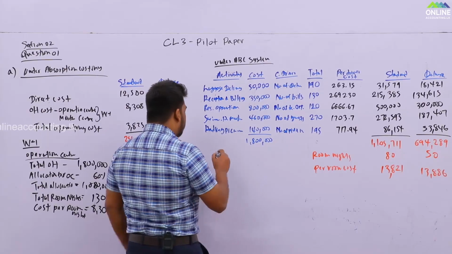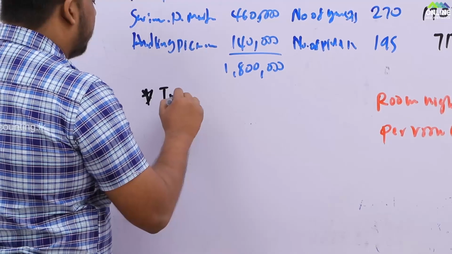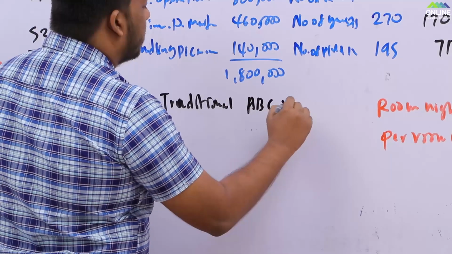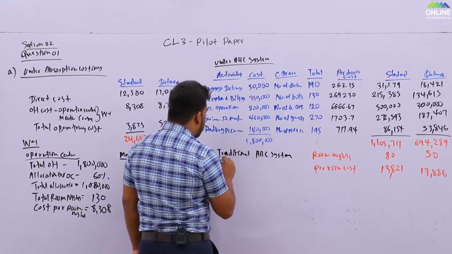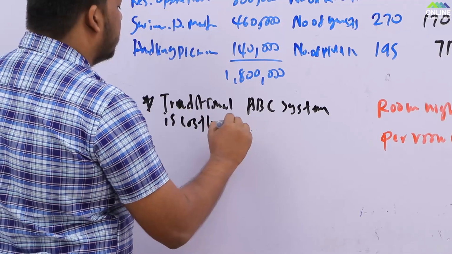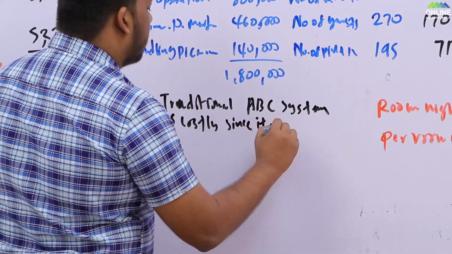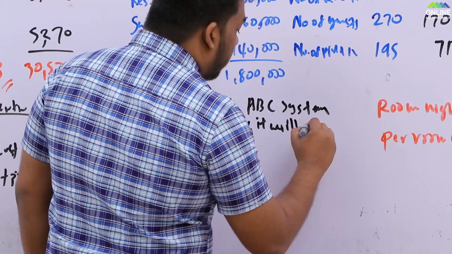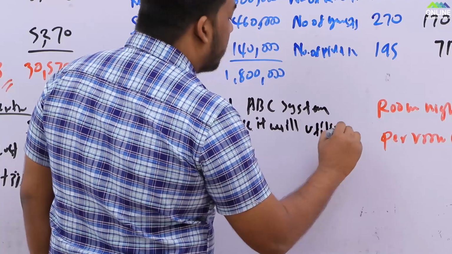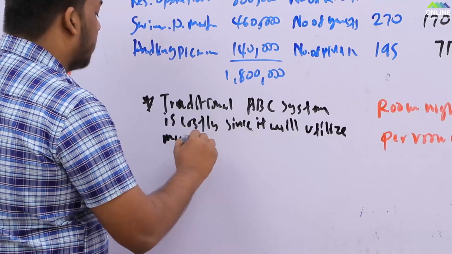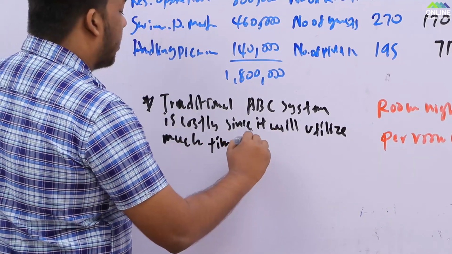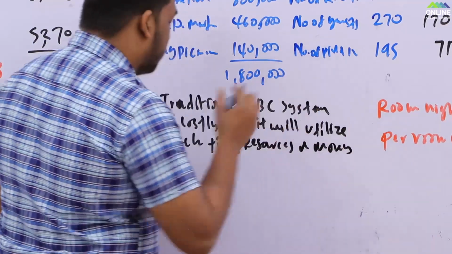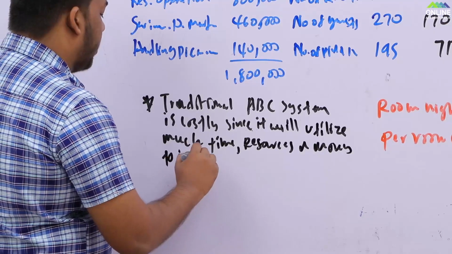The traditional ABC system is costly, since it will utilize much time, resources and money or cost to implement.